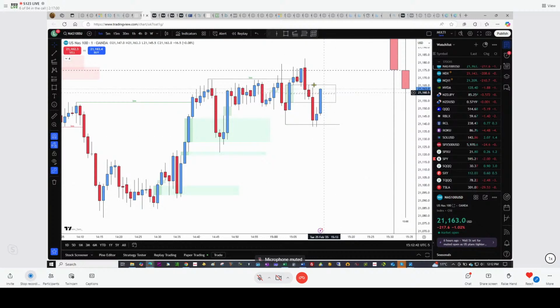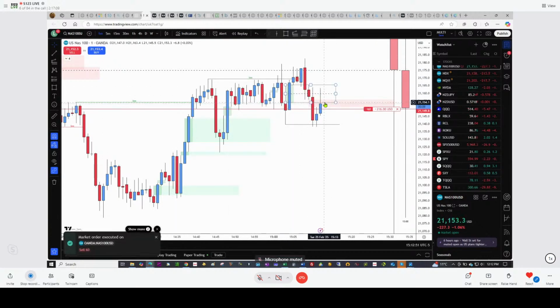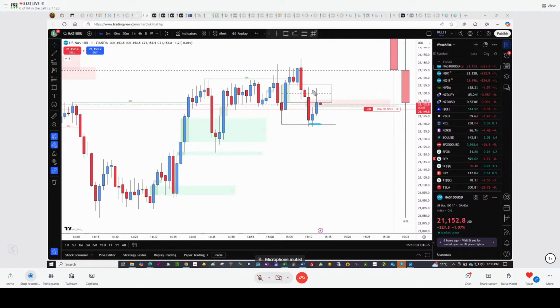Okay, so that would be a sell at this point if we felt that we were going to fall. So I'm going to do a sell. Just missed it by that much. See if we can come back down. Although I did not get a closure below, I'm still looking for a sell here.